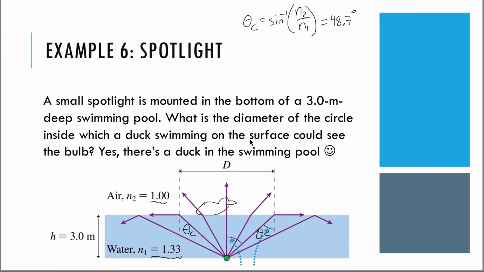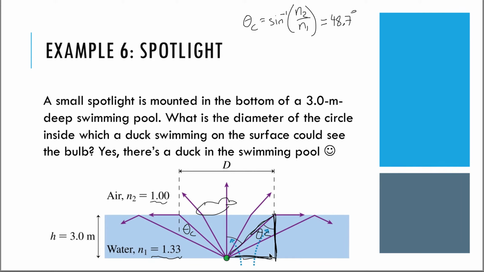Now what we need to do is use some geometry or trigonometry to figure out the size of this circle. Since we have the depth of the water, we have this side right here, we can make a triangle like this. And we have the critical angle which we just found.